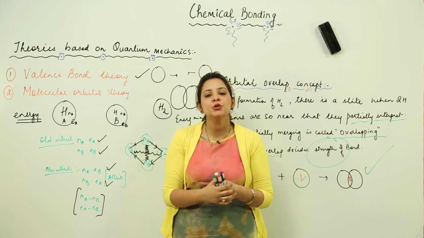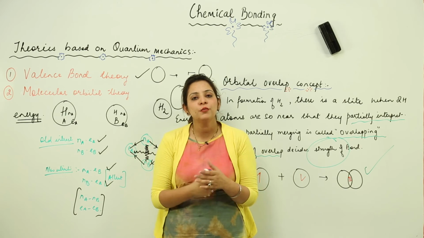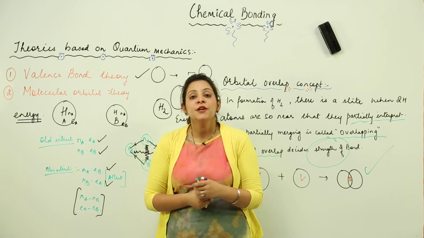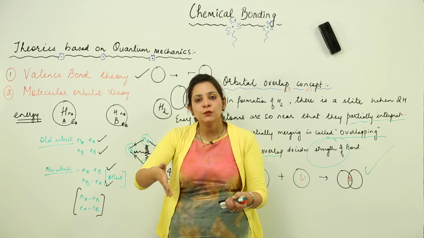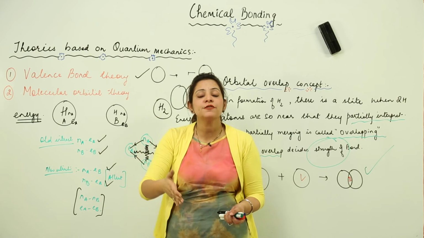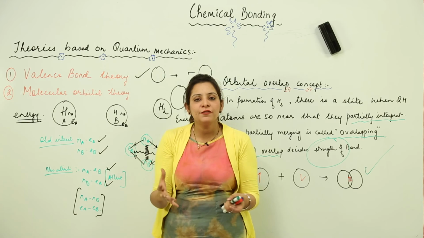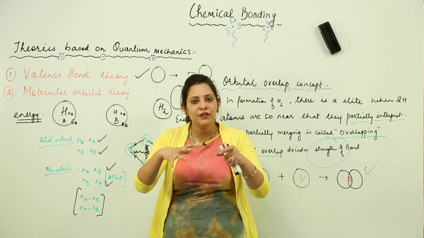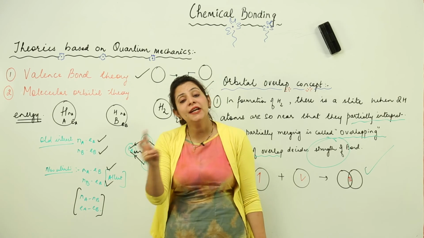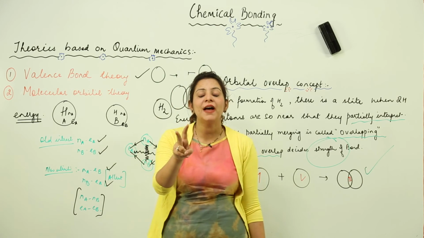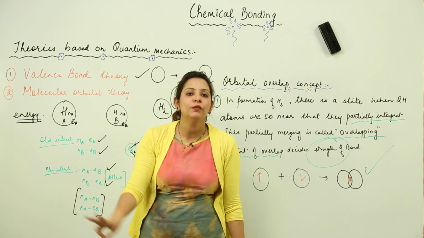So if somebody asks you to explain the formation of a molecule on the basis of valence bond theory, you answer that this theory is meant for explaining how the half filled atomic orbitals combine with each other to form a molecule, and we can explain it on the basis of two factors. One is the energy, another is the overlapping.